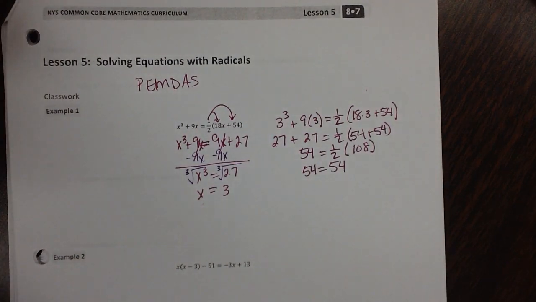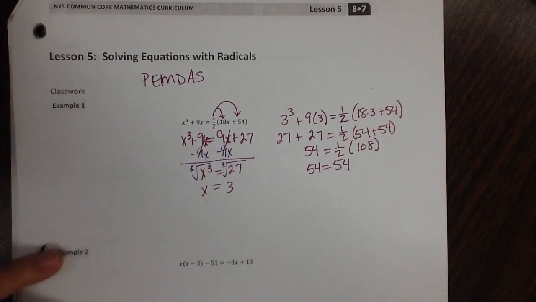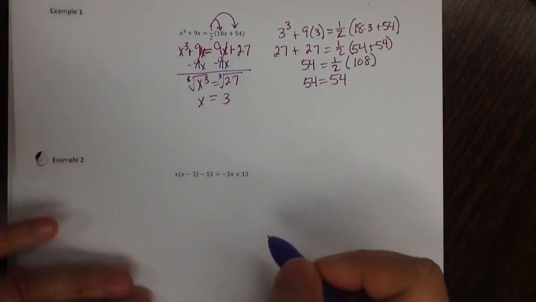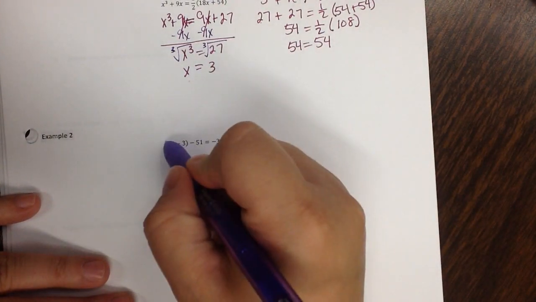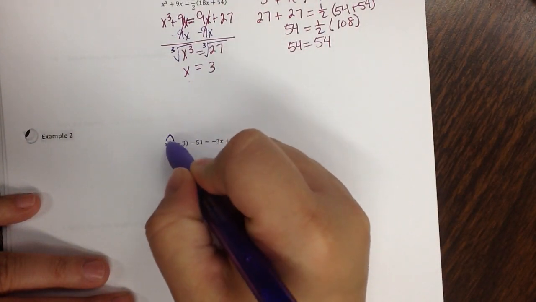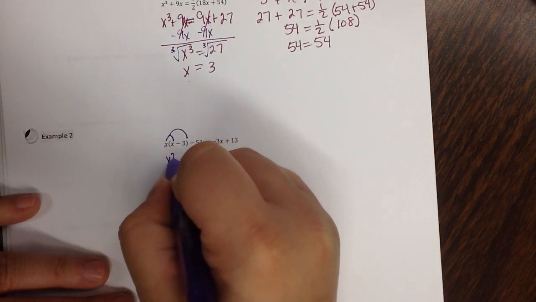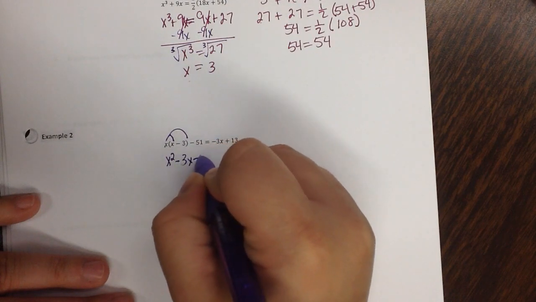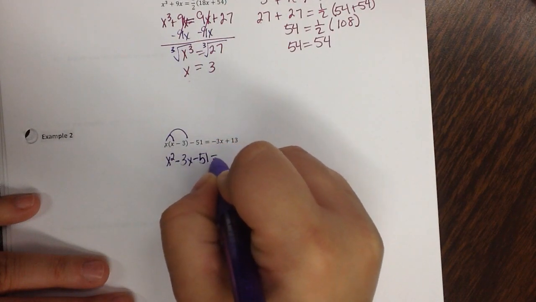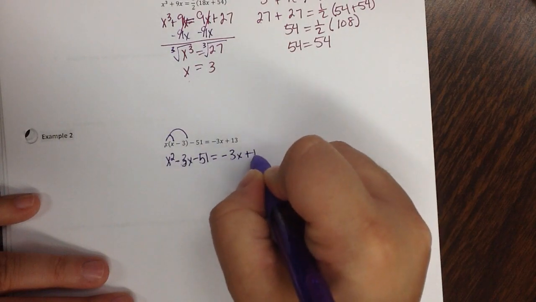So we're going to do the same thing in example 2. We're going to distribute first, parentheses first. So I'm going to multiply this times x and this times 3. So x times x is x to the second minus 3x minus 51 equals negative 3x plus 13.